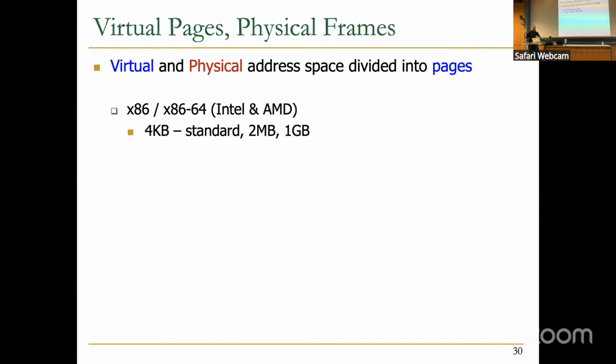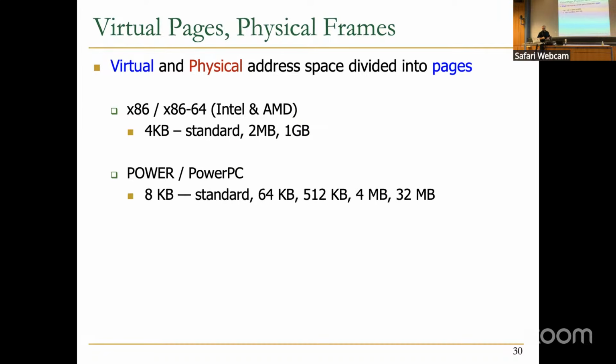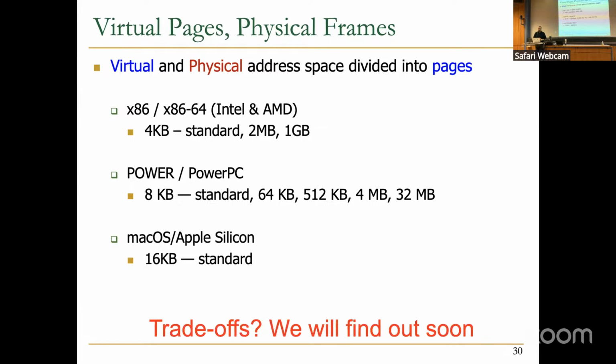And I will explain a bit later how this works. In PowerPC, there are 8 kilobyte, the standard page size, 64 kilobyte, 512 kilobyte, 4 megabyte, 32 megabyte pages. This is from IBM. And in macOS and Apple Silicon, we have 16 kilobyte, which is the standard page size. There is no more information out there about the other page sizes in Apple Silicon.